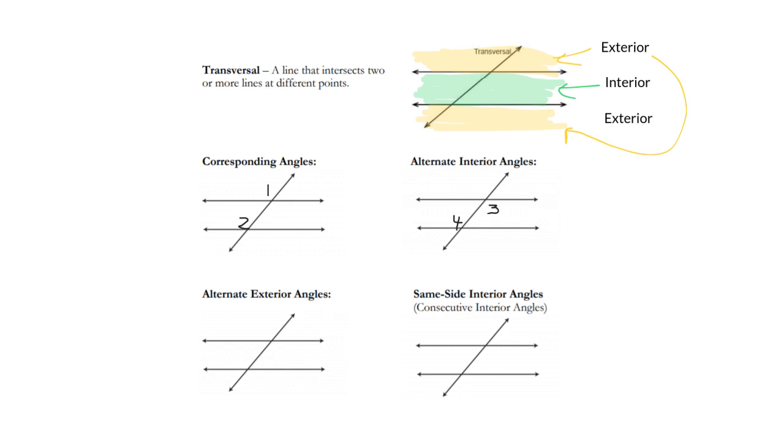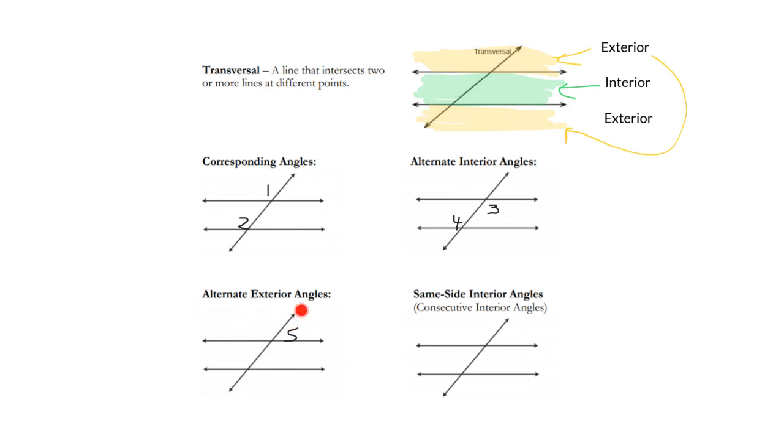Now we have alternate exterior angles. Well, that's a lot like what we just talked about, except for this time, they're on the exterior. So if I were just to name an angle, an angle in the exterior, let's call it that one right there. So angle 5 is right here. Okay, so an alternate exterior angle means, again, we need it to be on the exterior and in the other set of angles, so down here, it has to be on the exterior and it has to be on different sides of the transversal.